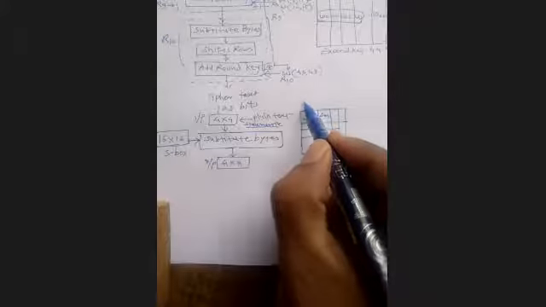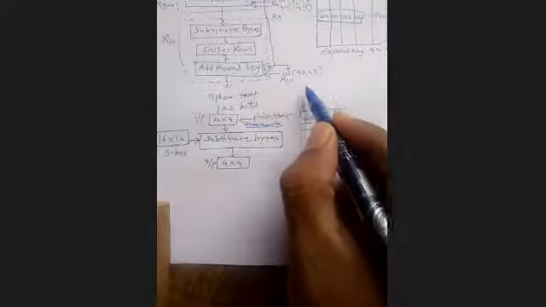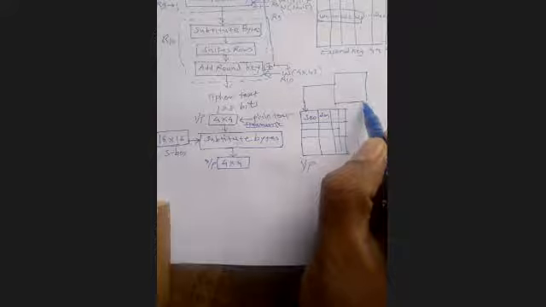Now from this I am considering the first element. This is my first element, and I am going to join that first element with my S box. Is it visible to all?